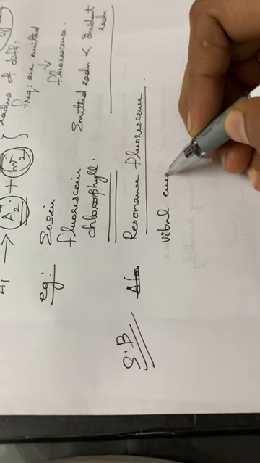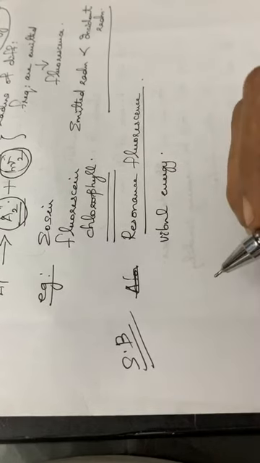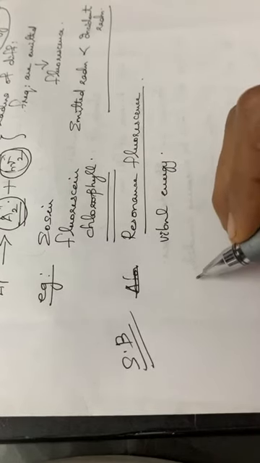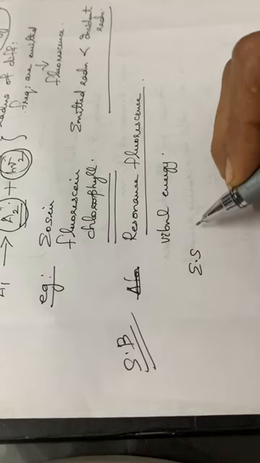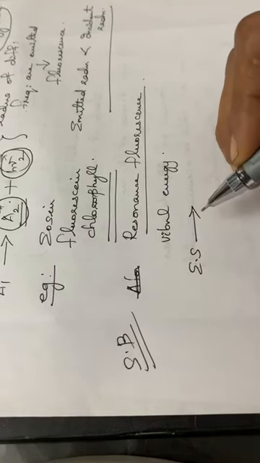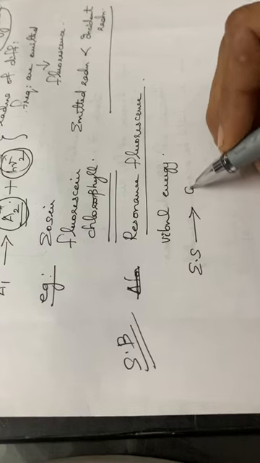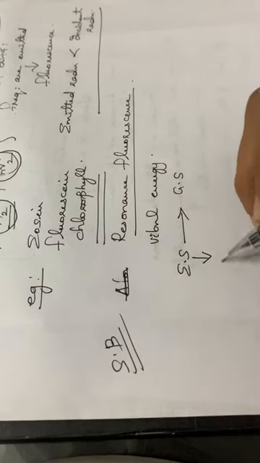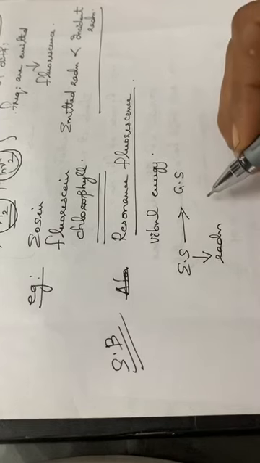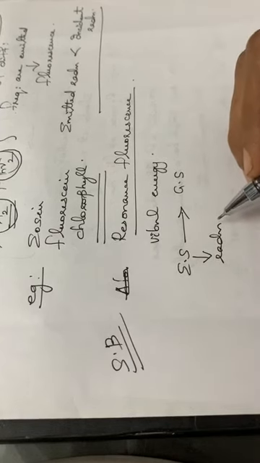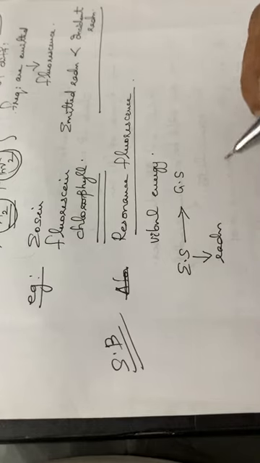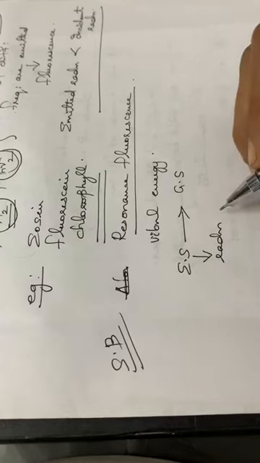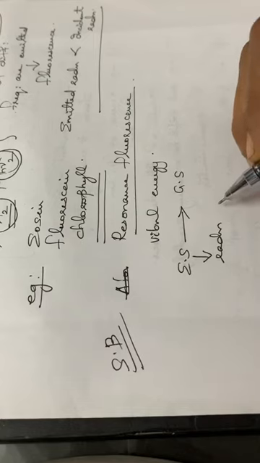Once an atom reaches the excited state, it has to become stable, so it will go to the ground state. While moving to the ground state, it emits radiation. If the emitted radiation has the same frequency, then we can call it resonance fluorescence.